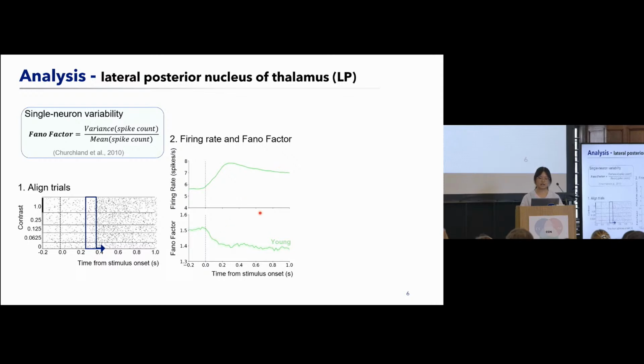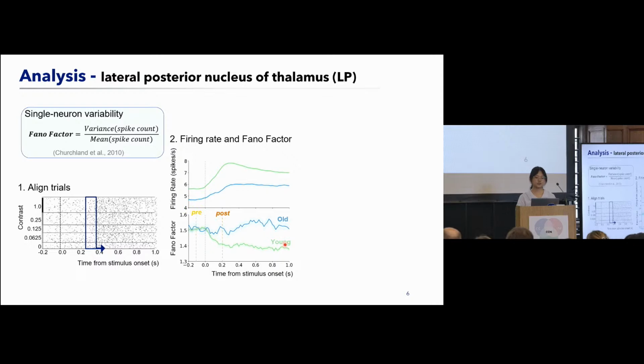Here, those two lines are from the young group. Similarly, we got results from the old group. From the overall pattern, we can see the old group showed a smaller average firing rate and a larger Fano factor, or neural variability, than the young group.